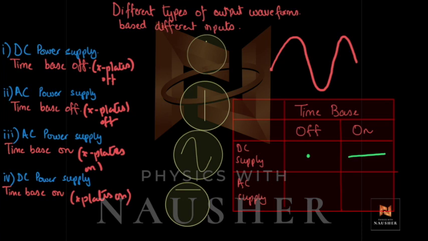So you will see a flat line. If you have an AC supply and your time base is off, you will see a vertical line. And if you have an AC supply and your time base is also on, which means you also want horizontal movement, you will see a waveform.